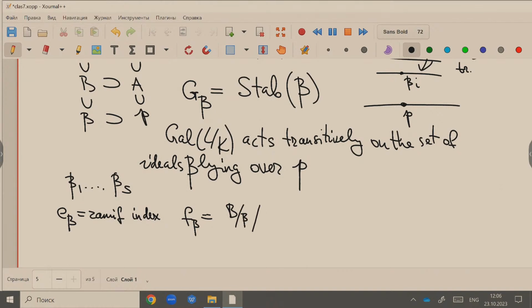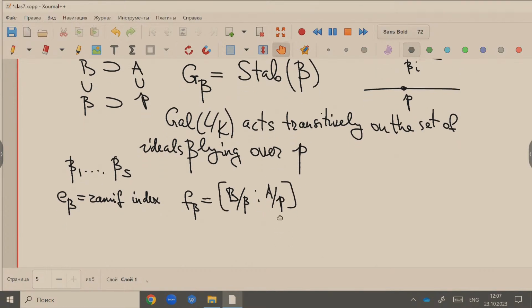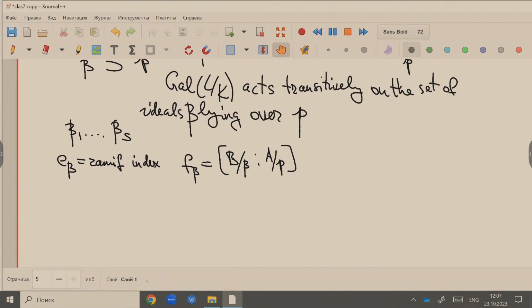It is again the same now for all ideals lying over your given ideal P. So we also have the formula that says the degree of the extension is just S times E beta times F beta, which is just the formula of the sum of E beta i F beta i.